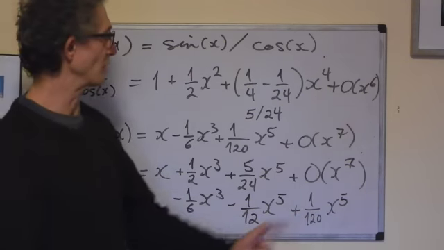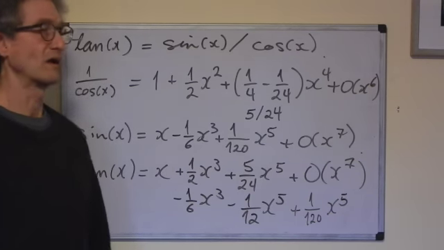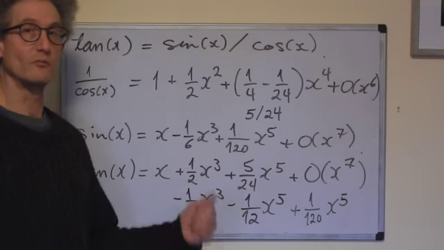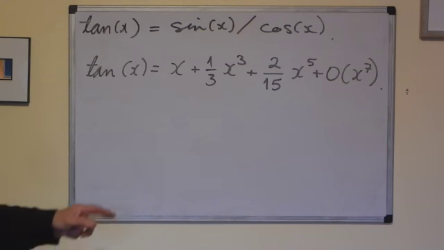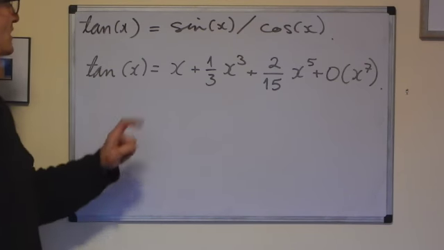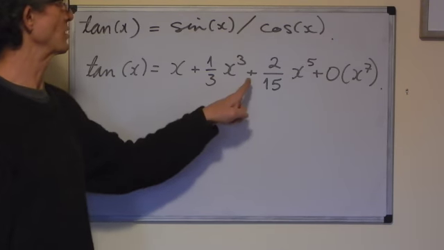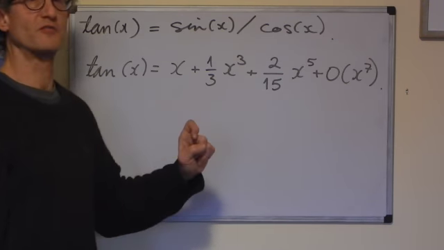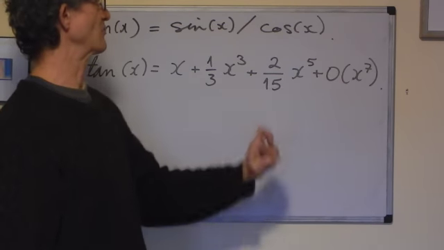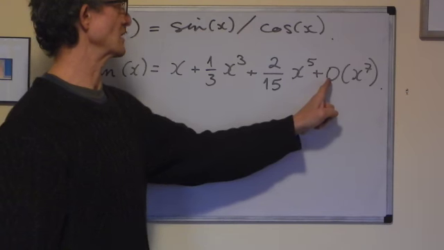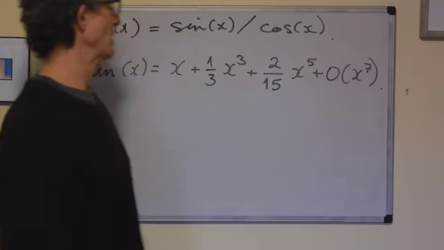So 16/120 x to the 5th, and of course we can cancel out the factors of 2. Adding everything together, we found that tangent of x has the expansion x plus 1/3 x cubed plus 2 over 15. That was 16 over 120. x to the 5th plus terms omitted being x to the 7th and higher.